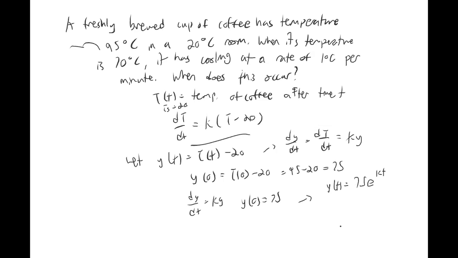Okay, now let's figure out what to do next. It tells me when its temperature is 70 °C, so when T of t is 70, it tells me dT/dt is what?